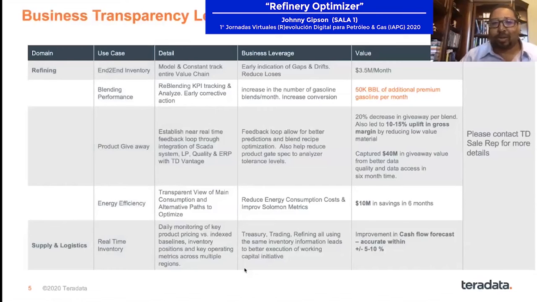So let's take inventory, for example. A person that's in the field needs inventory data. They need to know what tanks are empty, what tanks to go into, but also your schedulers, your trade department. You want to be able to make better trades. You want to be able to make better deals. Your treasury, you want to be able to do better hedging. Your supply function, your finance function, you want to know that working capital, that inventory information goes into making those working capital decisions.